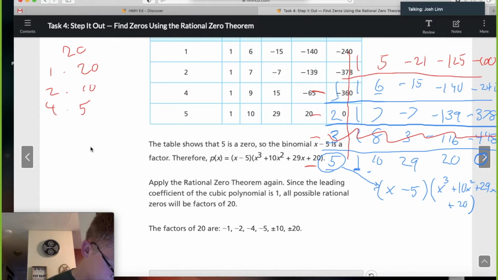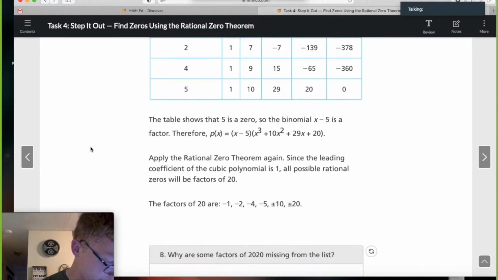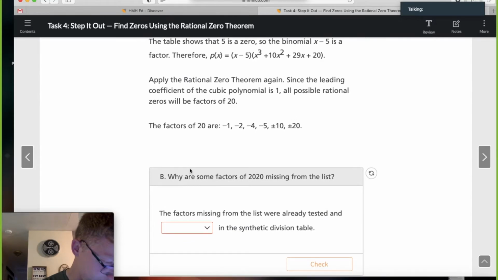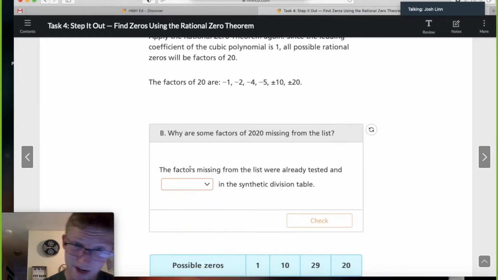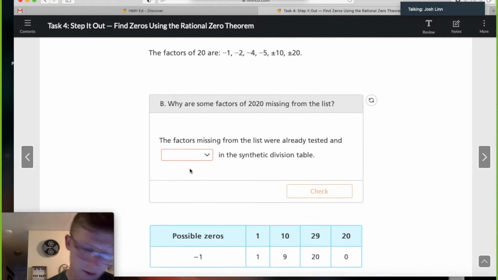So let's clear up some white space. So we talked about why some of the factors are missing, so we've already done it. So, hey, look. If we started with -1, that's going to get us a remainder of 0. So again, they just use synthetic division right here.